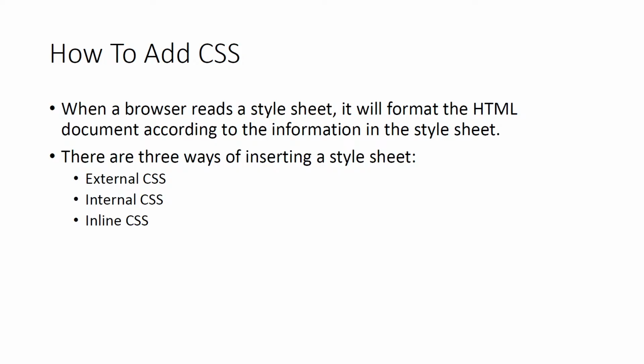This becomes useful, especially when the website is now growing, our web application is now growing, and we want to make sure that we keep our designs separate from our HTML contents. If this is our plan, then we're going to use the external CSS.